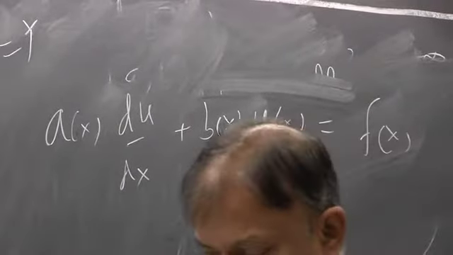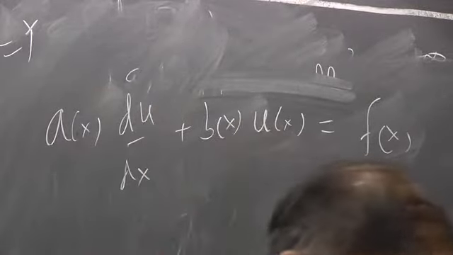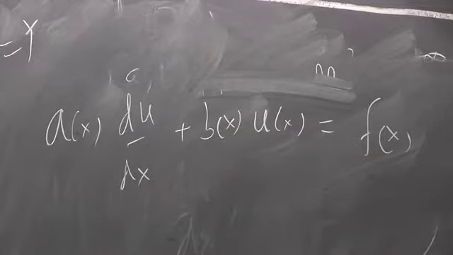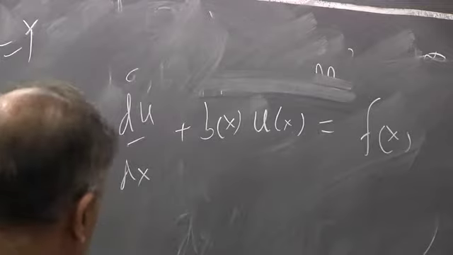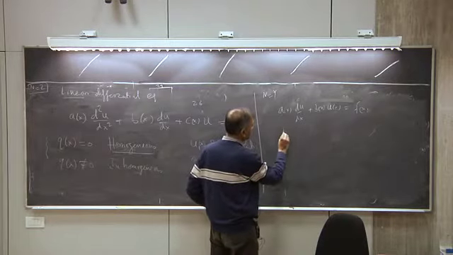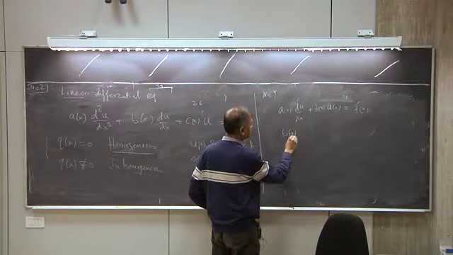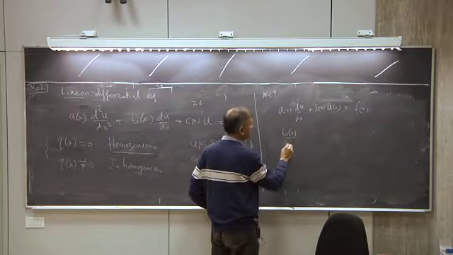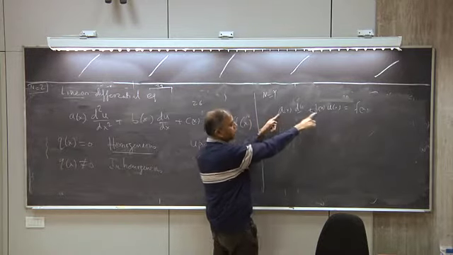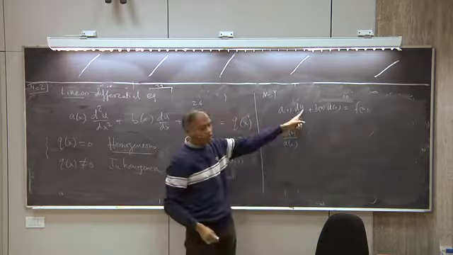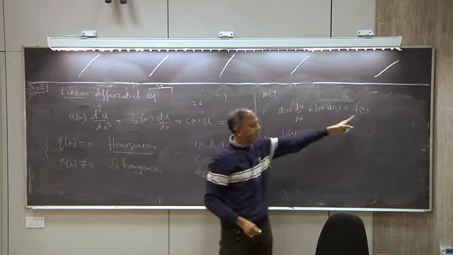First order differential equation is always very easy. And one systematic way of solving this is to write b of x over a of x. These functions are given to you, right? Only the unknown quantity is u. a, b, and f are given to you.